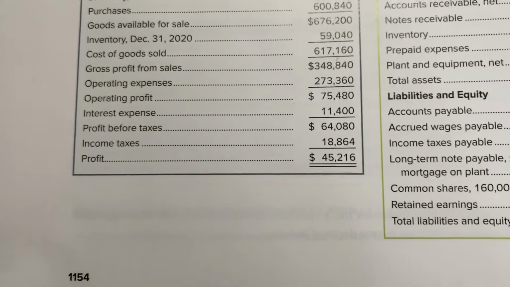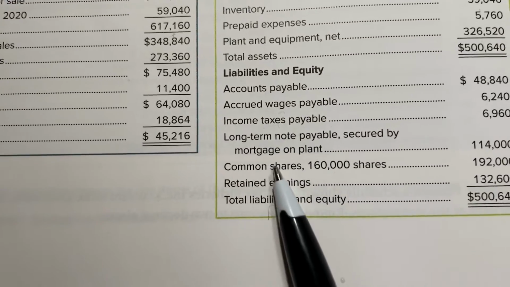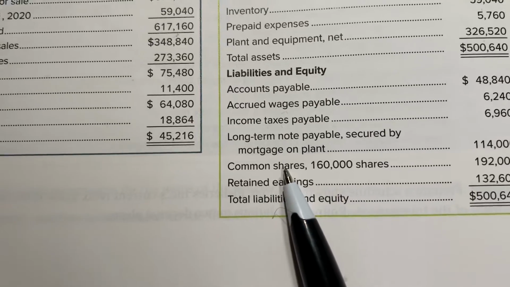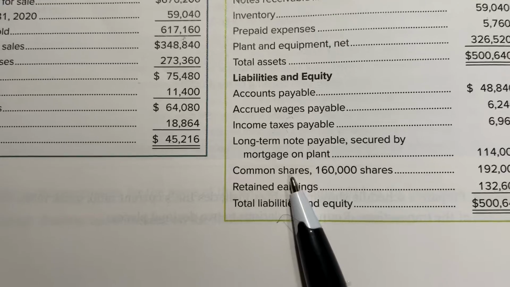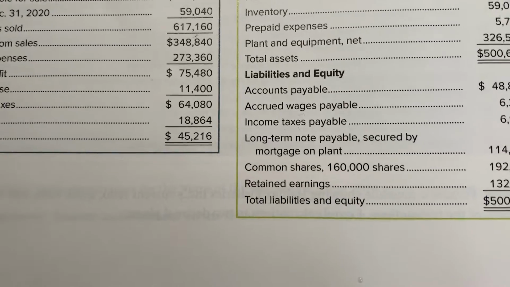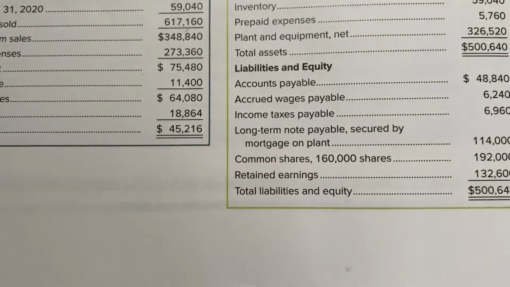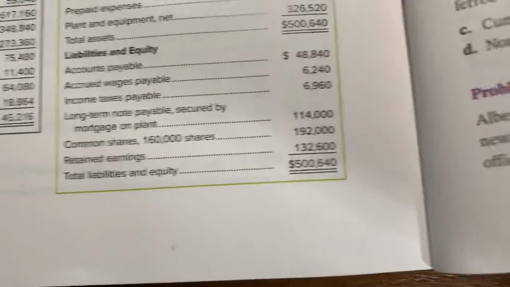There are no preferred dividends in this question because if we look at our balance sheet, we only have common shares. We don't have preferred shareholders. So it's going to be 45,216 subtract 0. Then you need your average common shareholders equity.